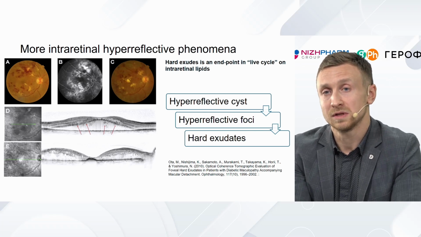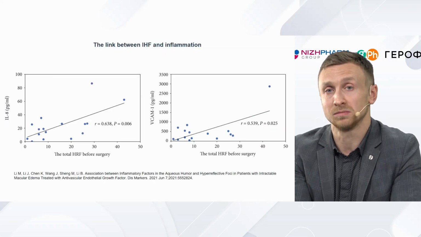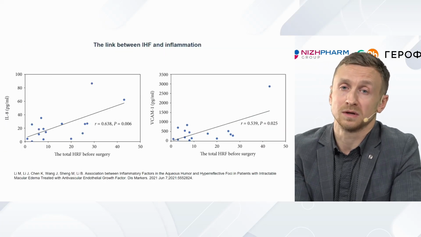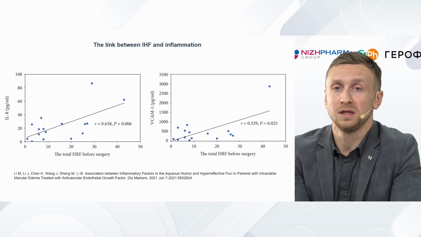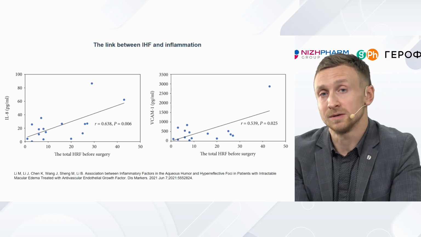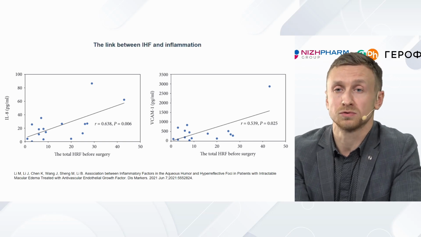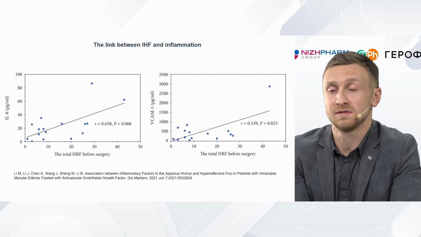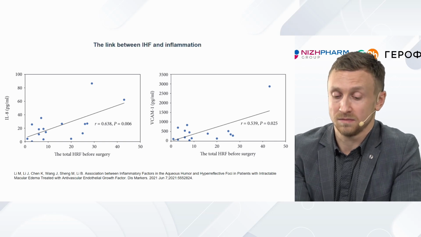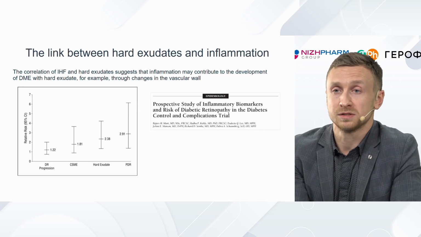So this chain, hyperreflective chain, in fact is related with the activity of inflammation, because if we appreciate the concentration of pro-inflammatory cytokine IL-8 or cell adhesion molecules in the eyes of the patients with intraretinal hyperreflective foci, we'll see very high concentration, which confirms the link of hyperreflective phenomenon with the activity of the intraocular inflammation.